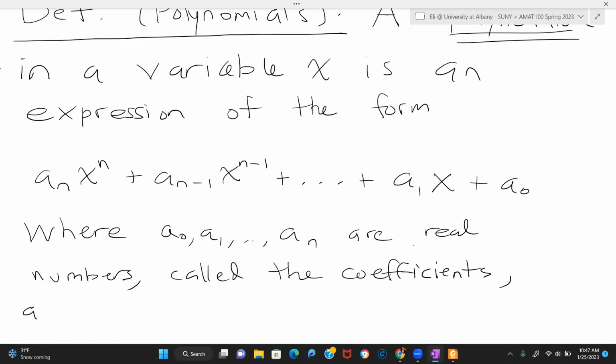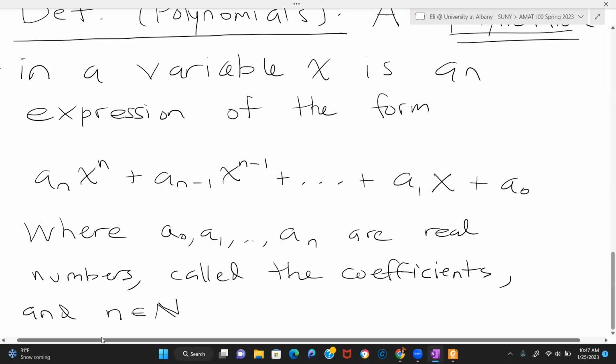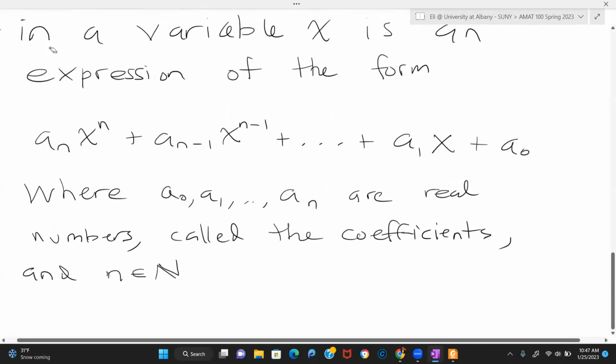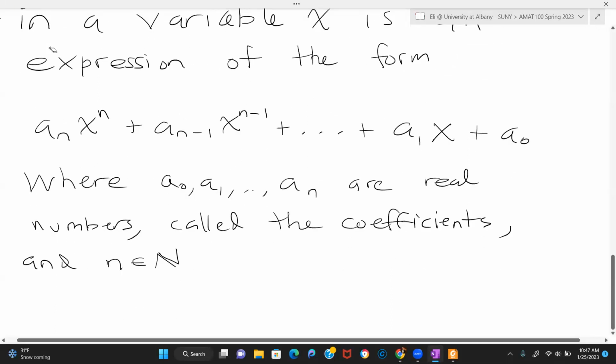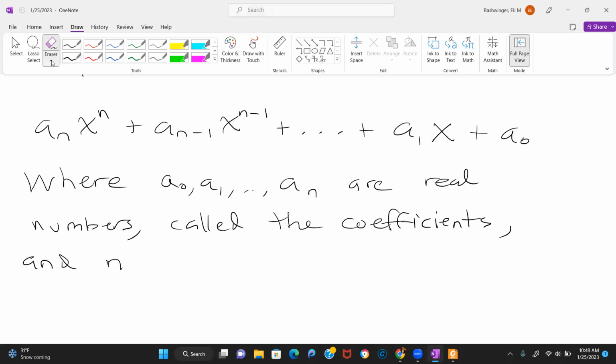And n is a natural number. Actually, let me not say that, because n could be 0, and the natural numbers, the way we define them, doesn't contain 0. So let's just say n is a non-negative integer.